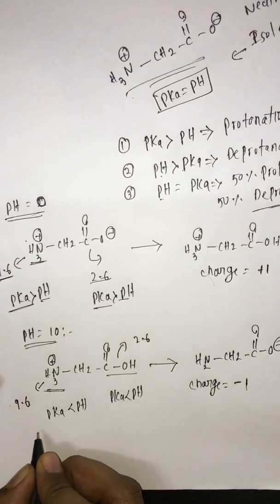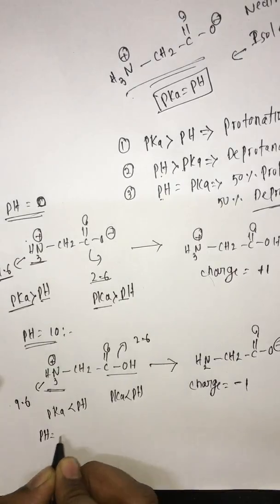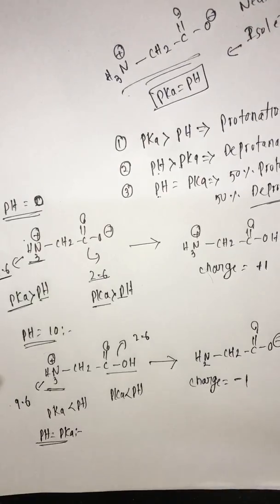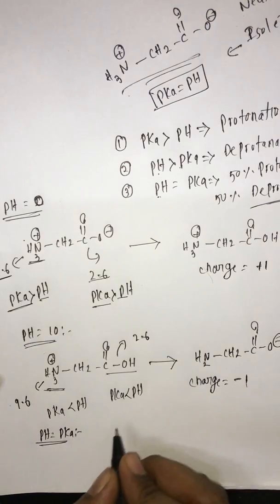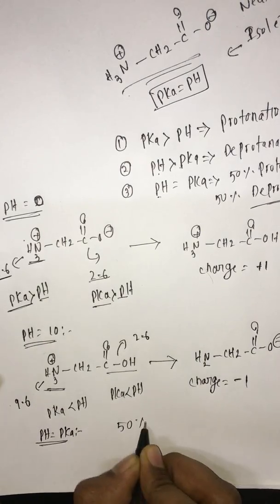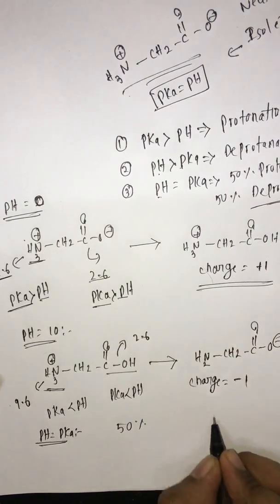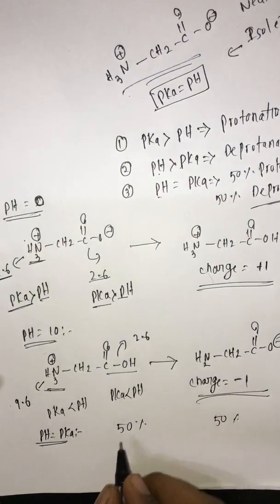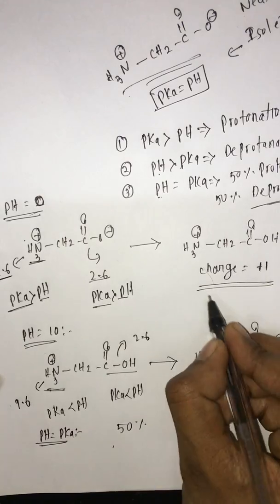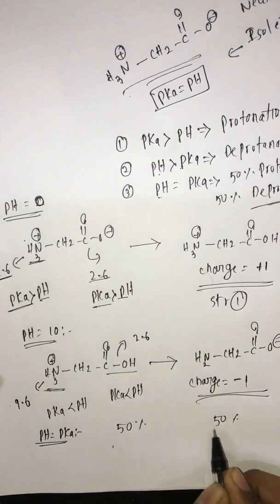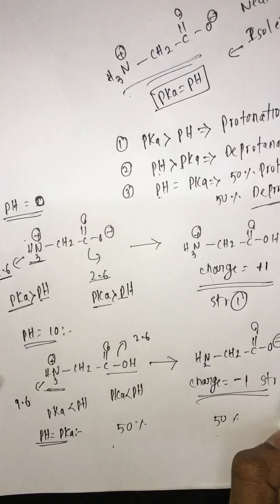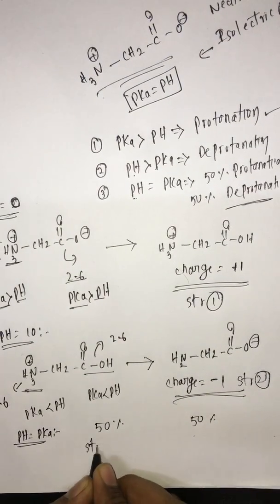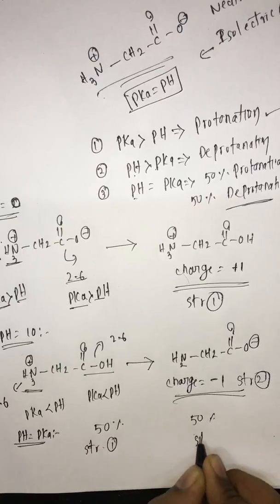Next, if pH equals pKa, in this condition there is a possibility of 50% of this structure and 50% of this structure existing. Imagine this is structure 1 and this is structure 2.